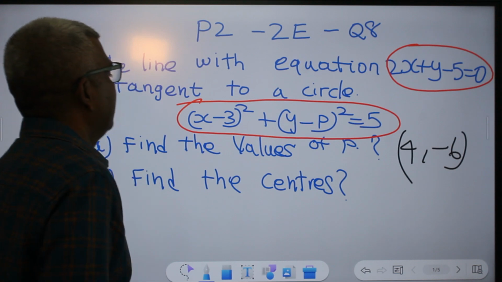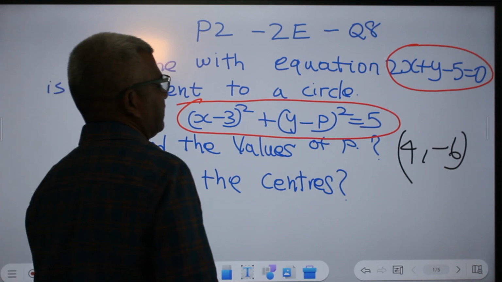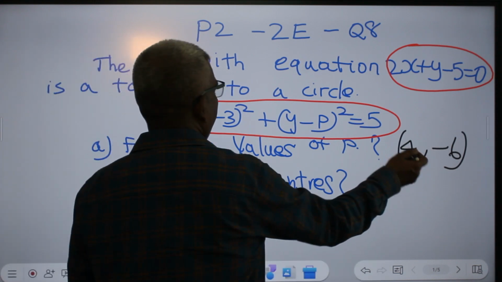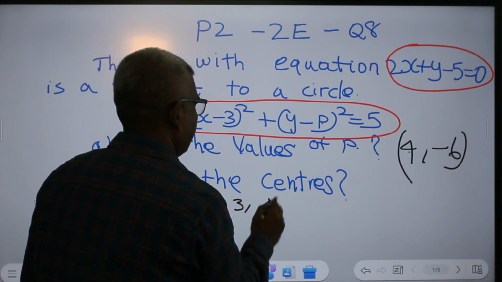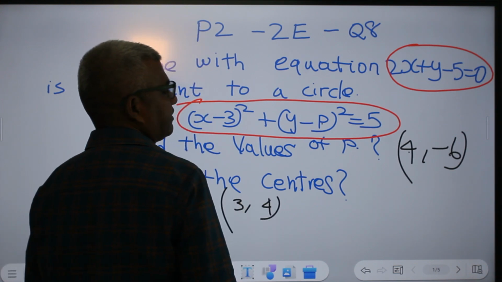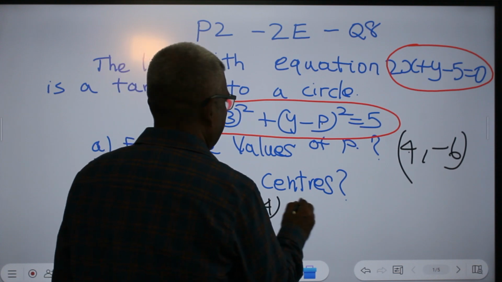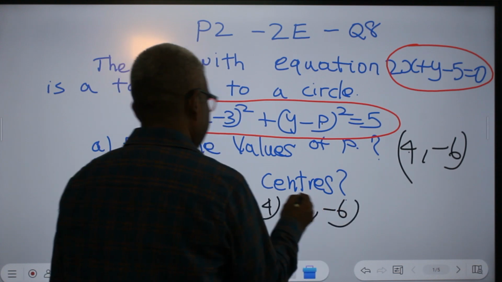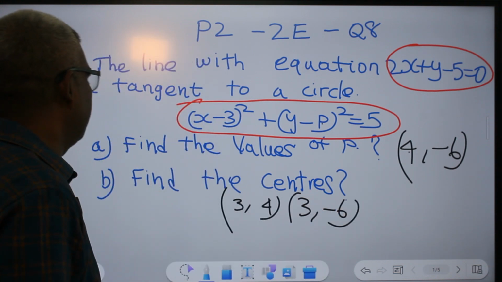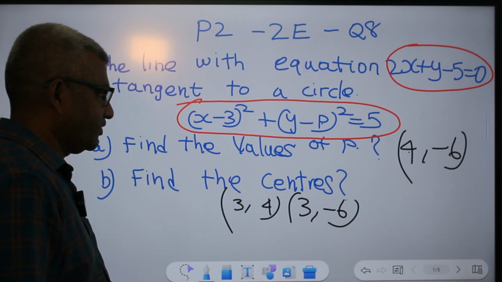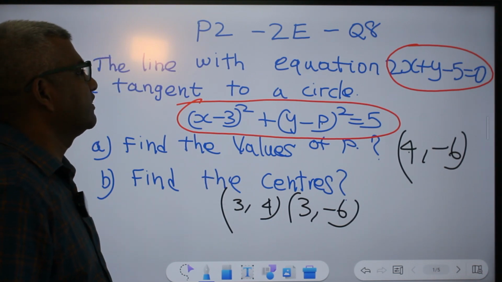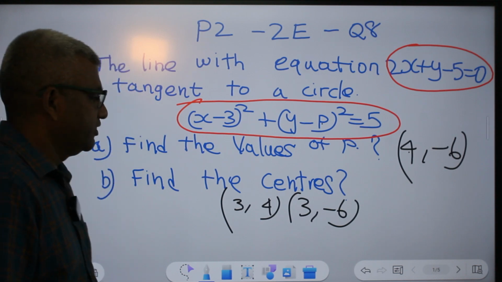Then find the centers. If p is 4, 3 comma 4. If p is minus 6, 3 comma minus 6. This is option B, find the centers. Got it? Option C. Okay, just copy down.